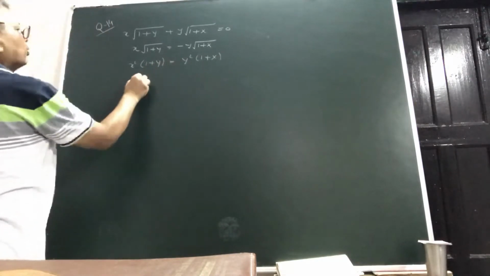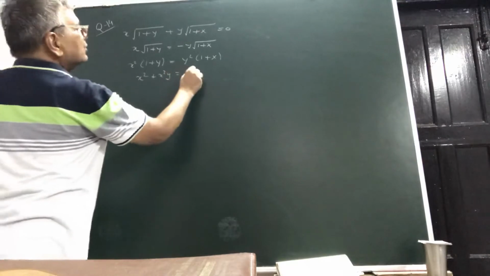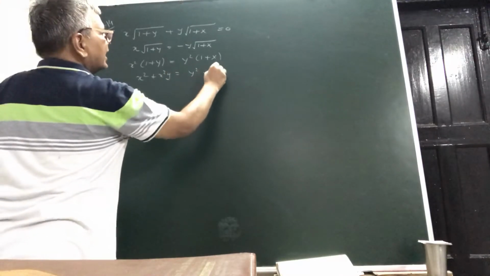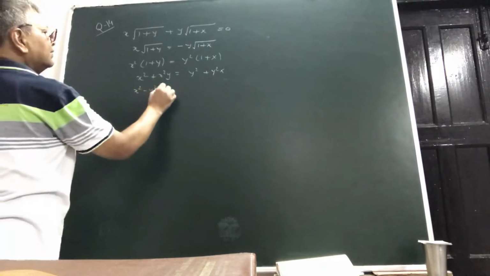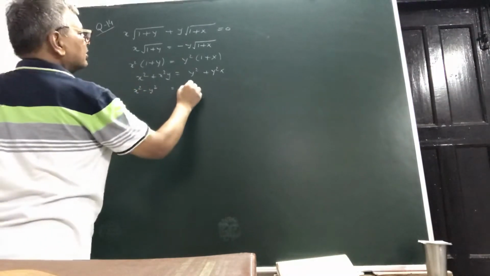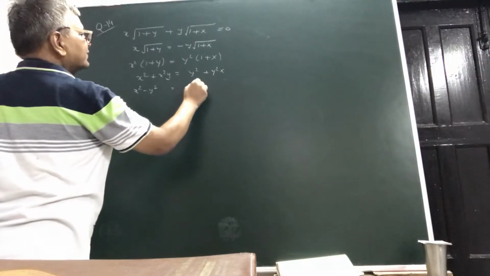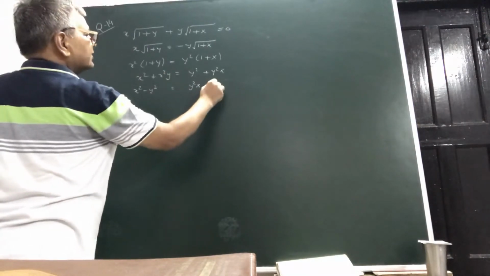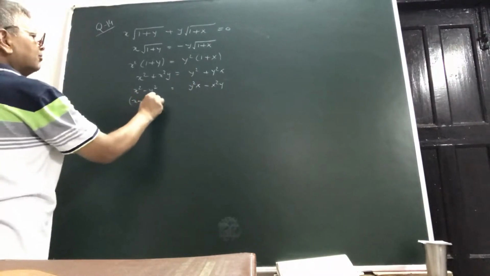Now when you open it up, you will get x square plus x square y is equal to y square plus y square x. Now this term you bring on the one side, x square minus y square, and this term on the other side, y square x minus x square y. So here this is nothing but x minus y, x plus y.